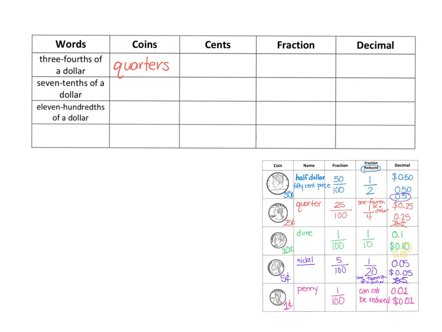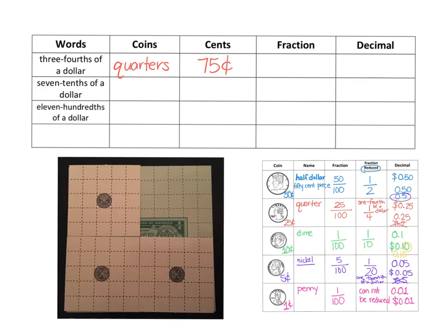So if we have 3 quarters, how many cents do we have? We have 75 cents. Perfect. All right, here's our money mat. What fraction of $1, which is the whole square, is 3/4?